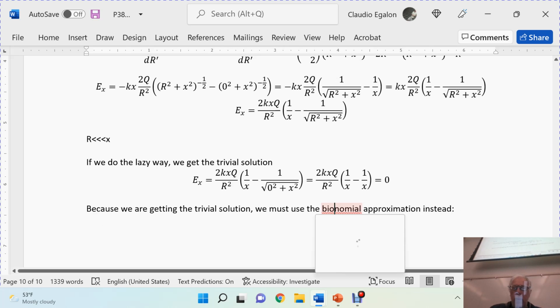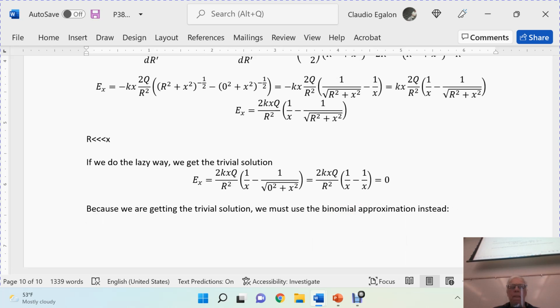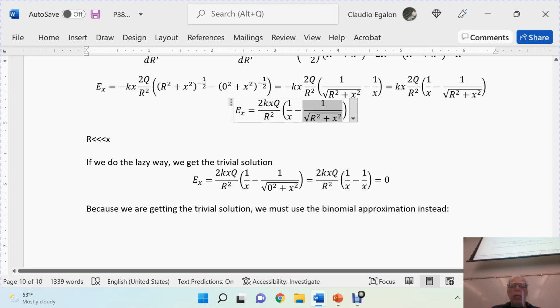The lazy way is just like the zero order approximation. So let's use the binomial approximation for this term here.